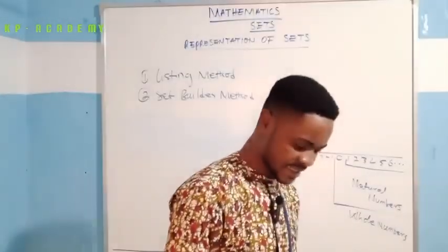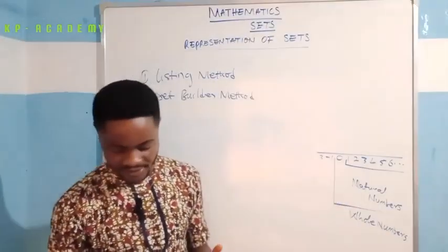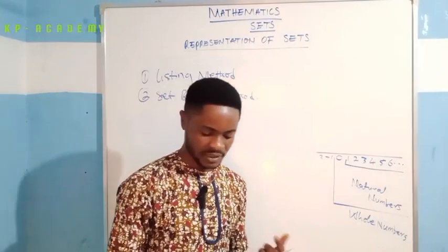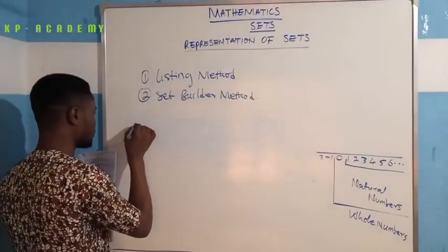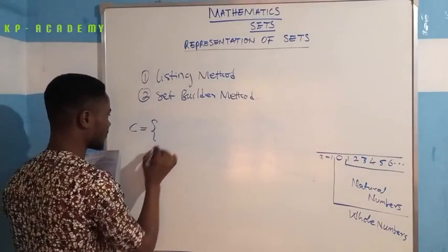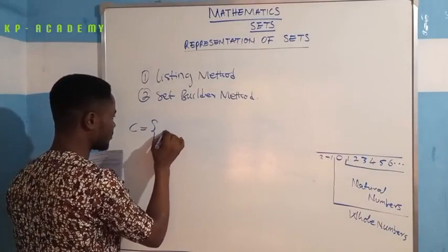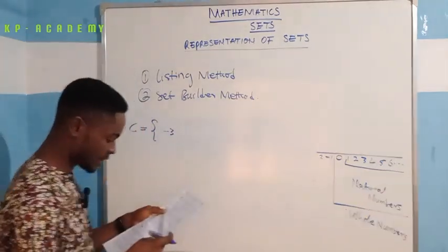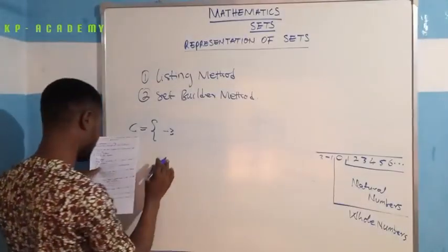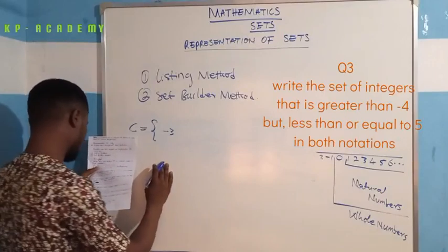In question 3 it says, write the set of integers that is greater than -4 but less than or equal to 5. Let the set of integers be called C. Greater than -4 means it's going to start from -3, but less than or equal to 5.